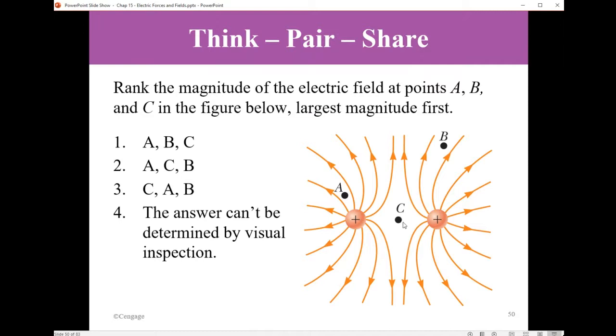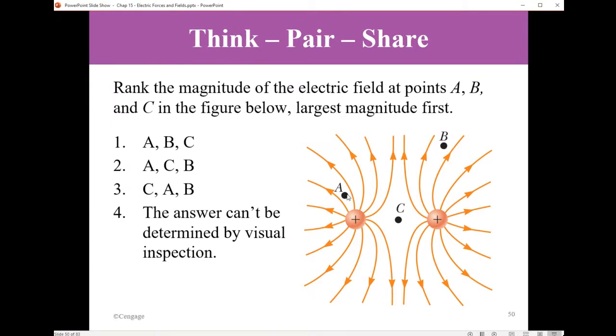From symmetry, what can we see about the figure at C? It's in the middle. It is zero. Yeah. The field is zero from symmetry, right? So this would be the least. Now you need to talk about A and B.